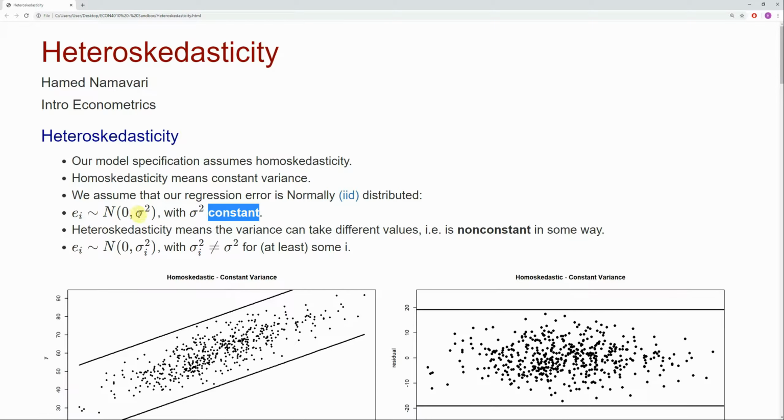So if this sigma 2 is constant, they're going to be identical, but if they come from different sigma 2's, then they have different values for their variance, and we are violating that assumption. We can see it here. For instance, the error terms are each coming from a normal distribution with mean of 0, so it's still surrounding 0, but the variance is different based on the observation that you're looking into.